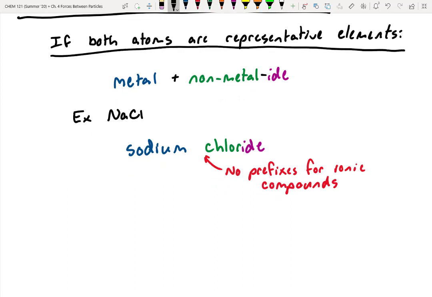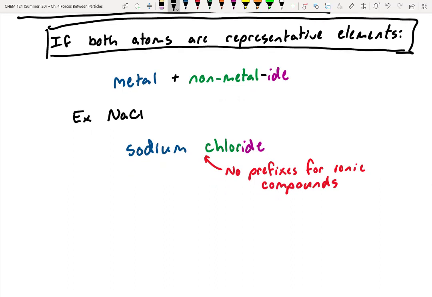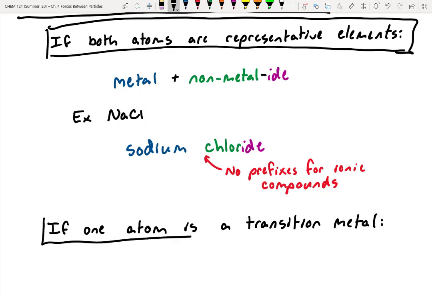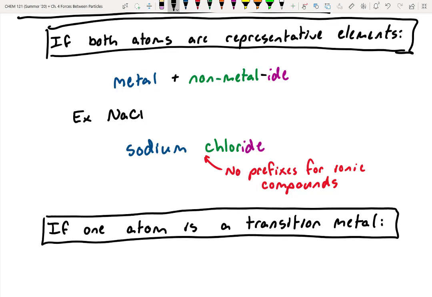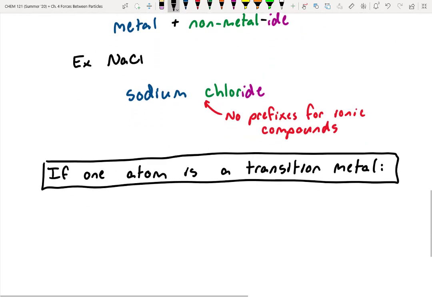All right, so this is pretty simple here. We've got if both atoms are representative elements. But the question next is if one atom is a transition metal. And that means that we would have something from the D block. And we said that the problem previously with D block elements is it's not always clear what the charge is. So what we do is we do a metal plus a number.